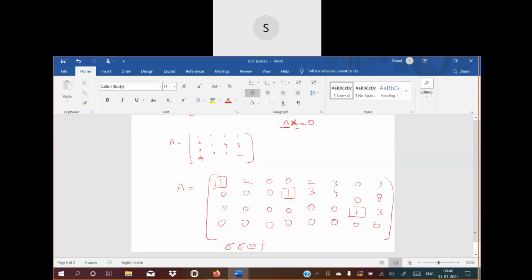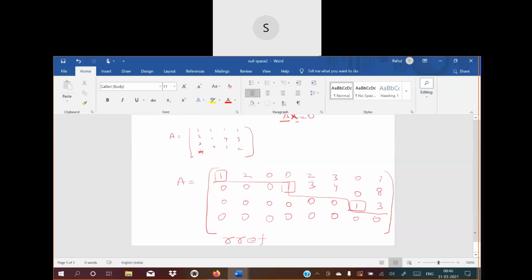There is one more theorem which says that row elimination will preserve the null space. Whatever the dimension of the null space of A is, when you reduce it, row elimination will preserve the properties of the space. Now I have 3 pivots.